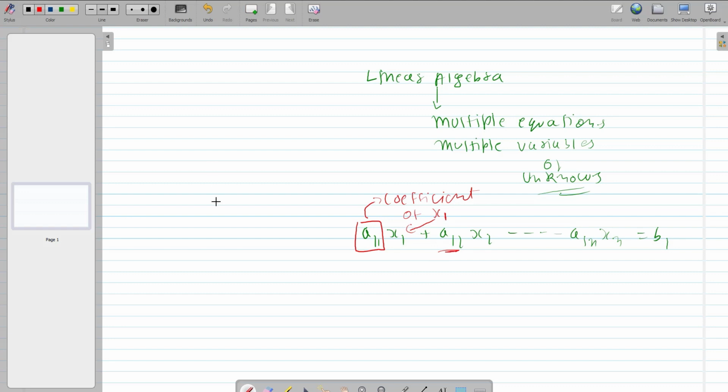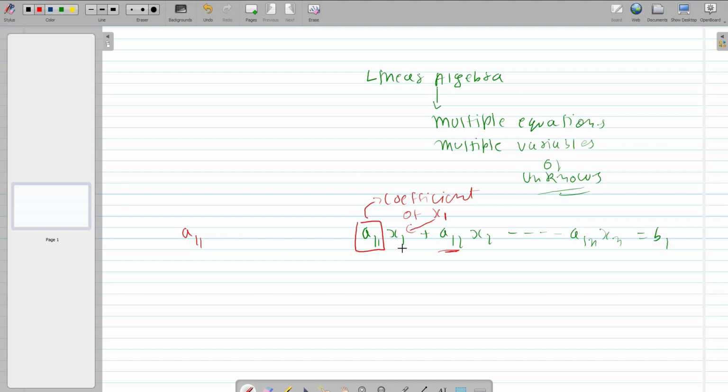Now the notation 11. As we are going to have multiple systems of equations, we have to be clear about the interpretation of each and every coefficient that we are dealing with. This a11 means that this is the coefficient of the first variable of the first equation.